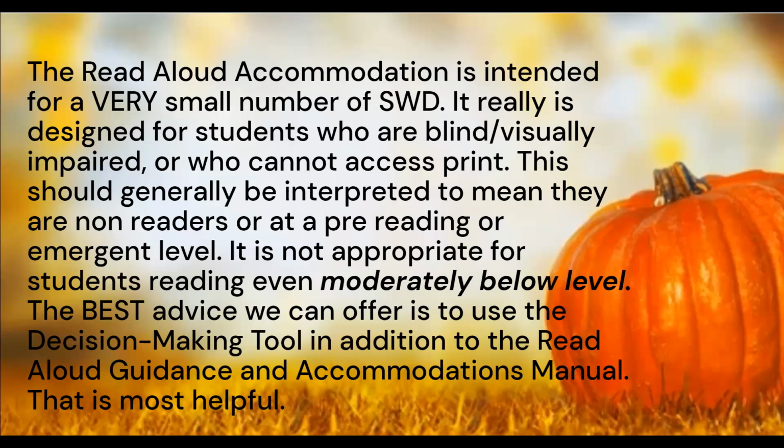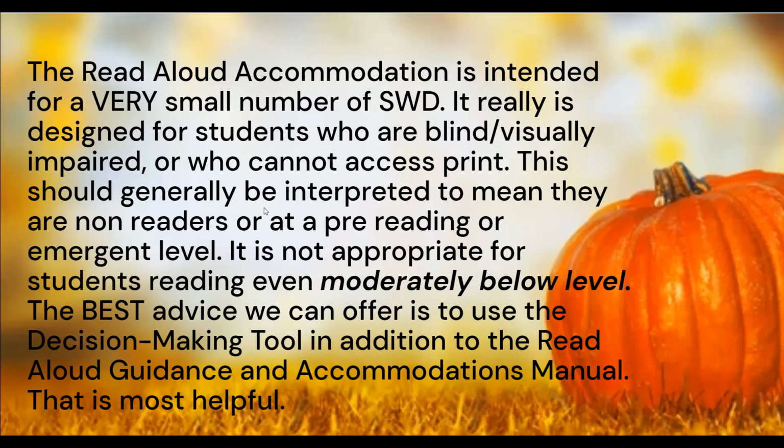The best advice we can give, and I just had someone email me a question about this, would be the decision-making tool in addition to the read aloud guidance in the accommodations manual. That is most helpful. But I also want to say, even in alternate assessment, if the student is reading for comprehension, that's different. If it's reading for fluency or how well you can read, you don't have a read aloud.